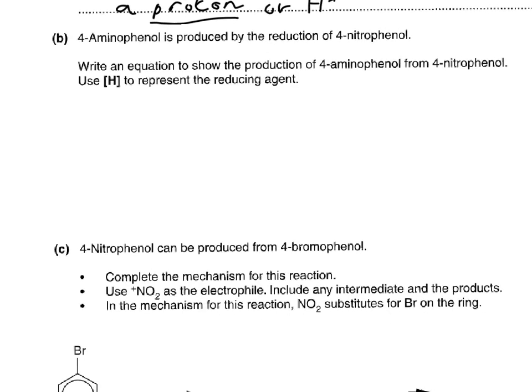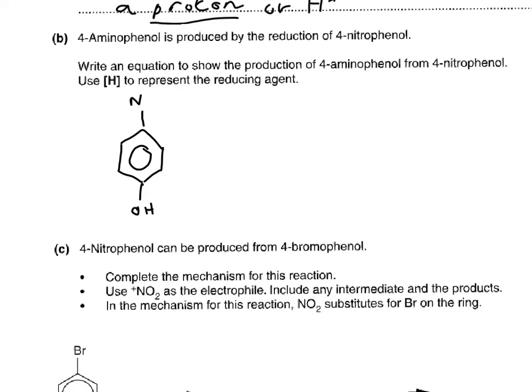Right, so it's produced by reducing nitrophenol, and it's asking you to do the equation. So if you're struggling a little bit with this, you don't need to do molecular formula for these. In fact, pretty much all the time you can do structural.